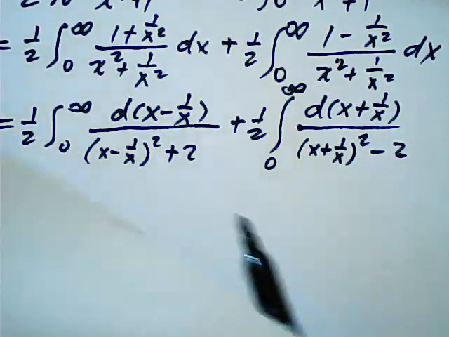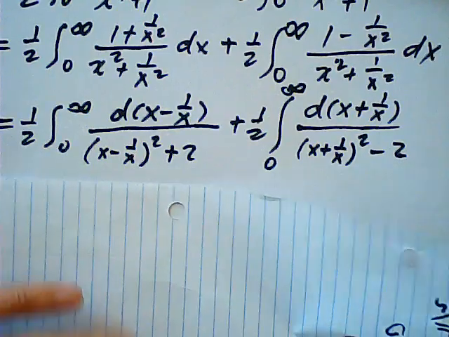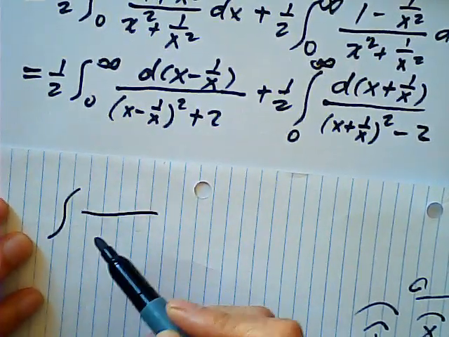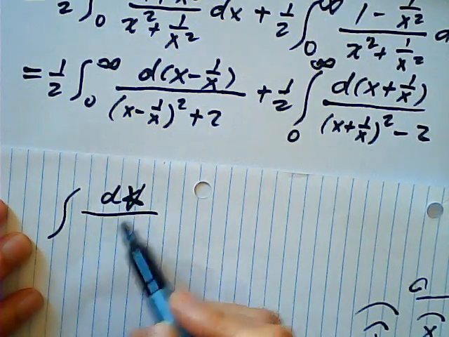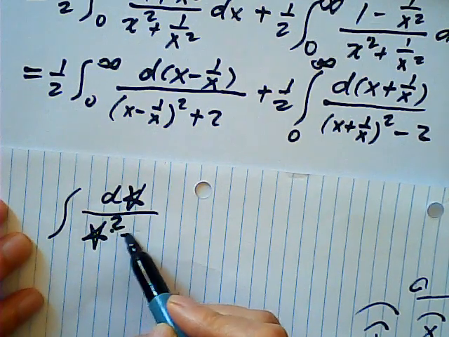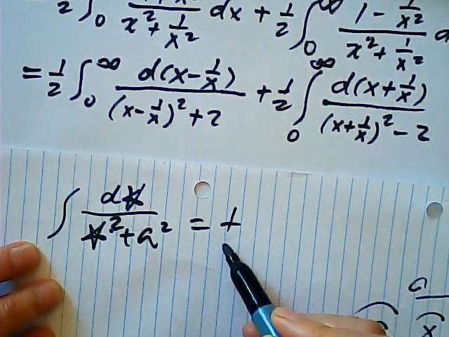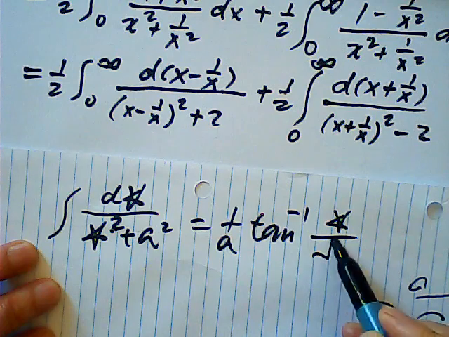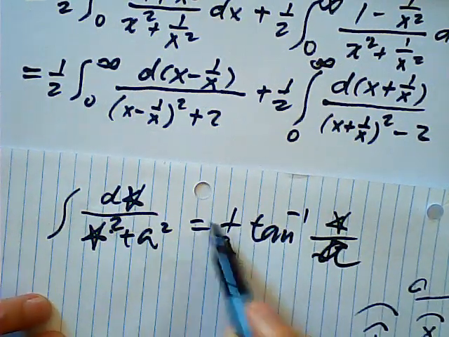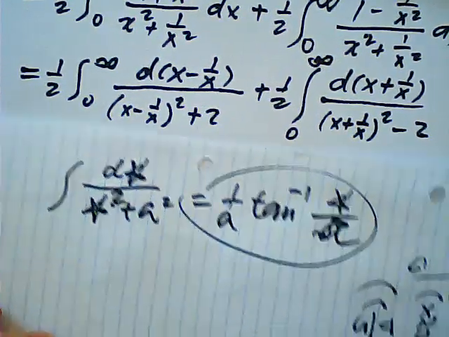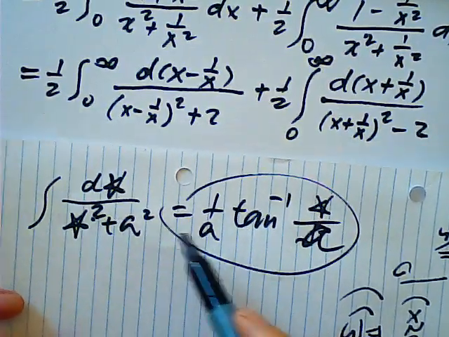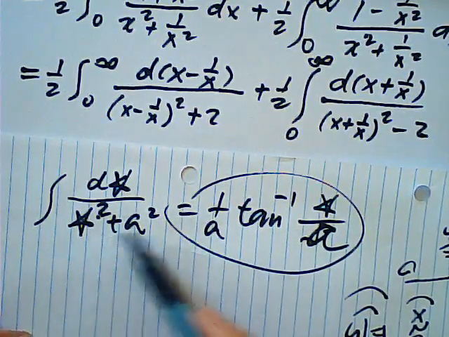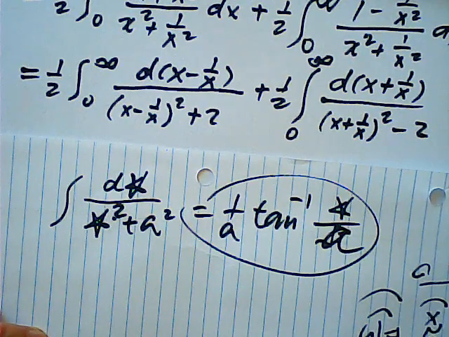Now, do you know these basic formulas? Let me find them using paper. The integral of d star over star squared plus a squared is 1 over a arctangent of star over a, right? That is the basic formula. Even if you forget, you can derive it very easily by using substitution.